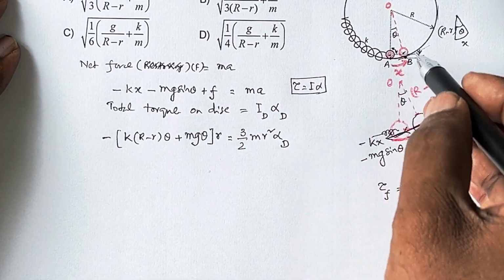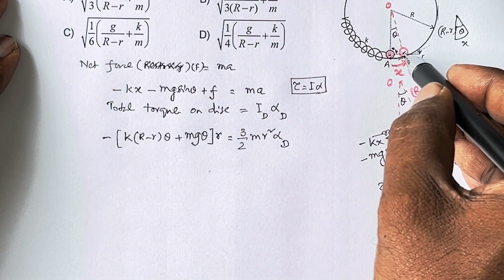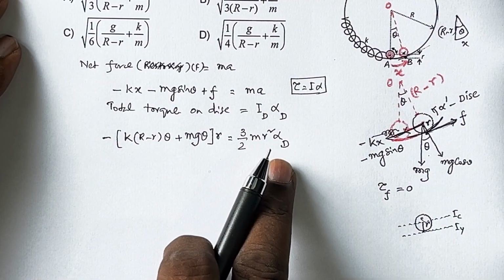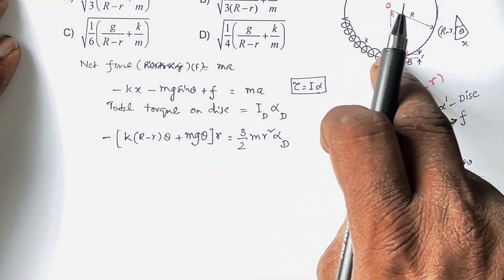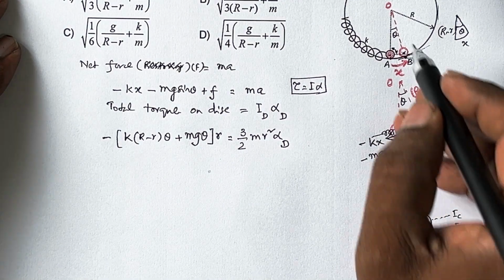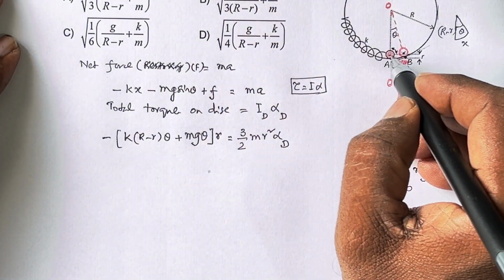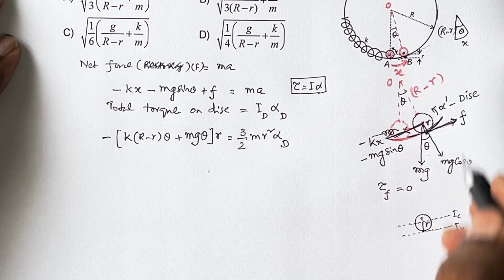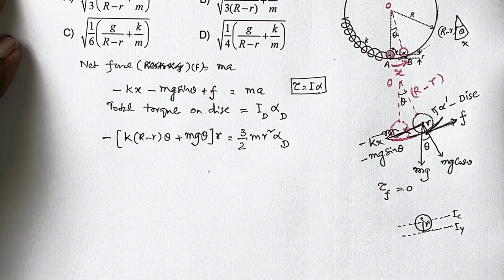About its center of mass we have calculated this disk alpha, but we want to know the center of mass of the disk about O. So these two, how can we relate?